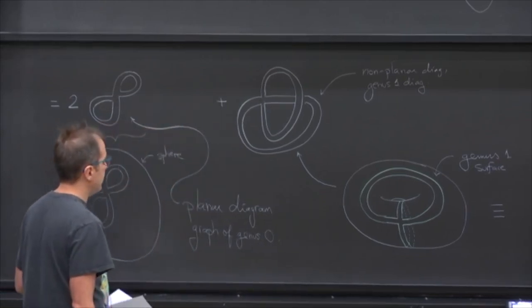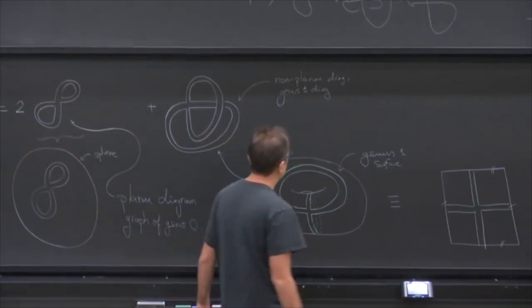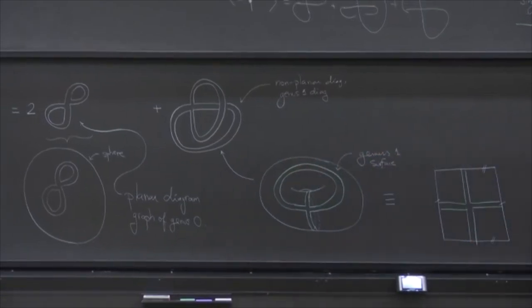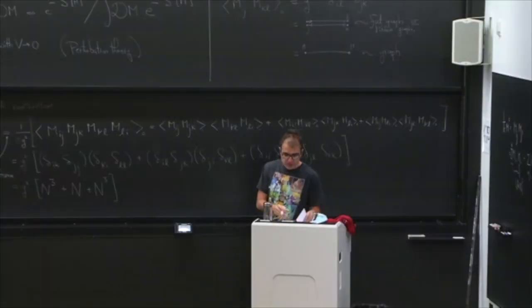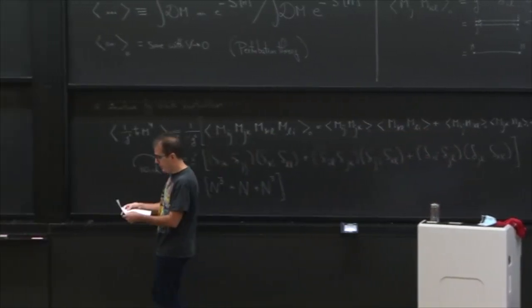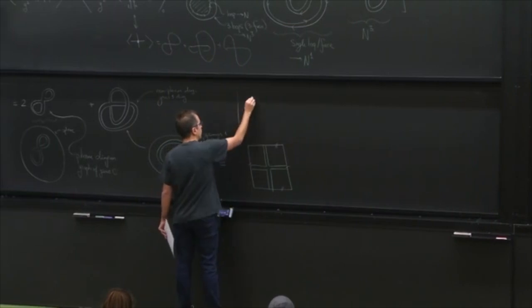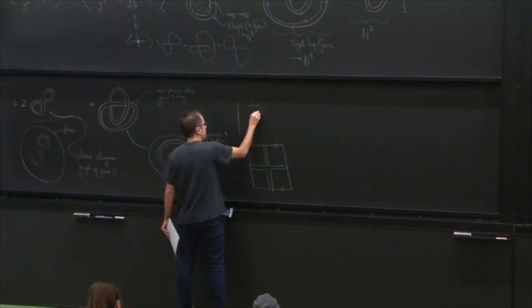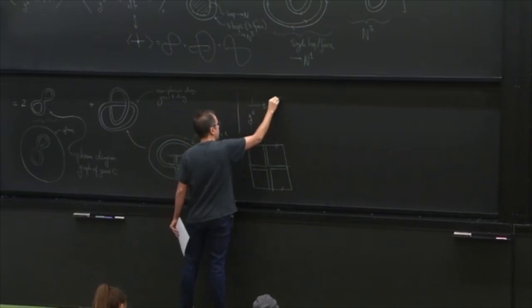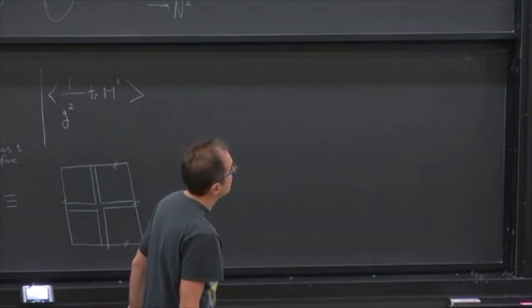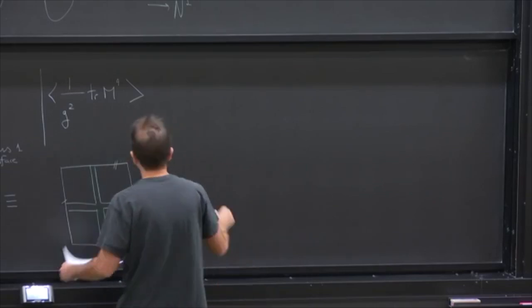So what we are seeing here is that planar diagrams, at least in this simple example, when n is large, give bigger results. That is n cubed versus n. More precisely, let's summarize what we found. Now with all factors of g squared, 1 over g squared trace of m to the 4 expectation value was equal.